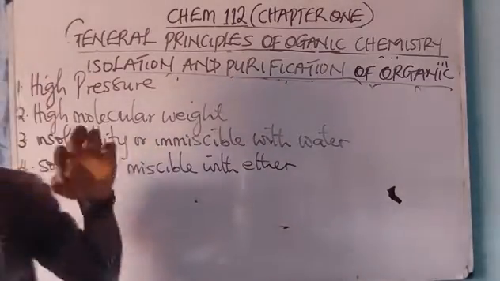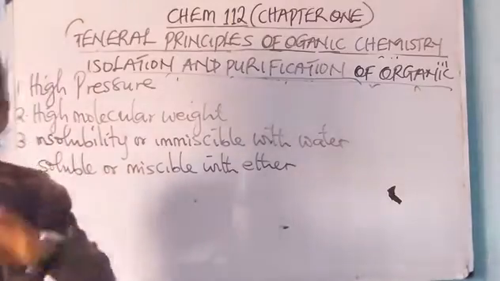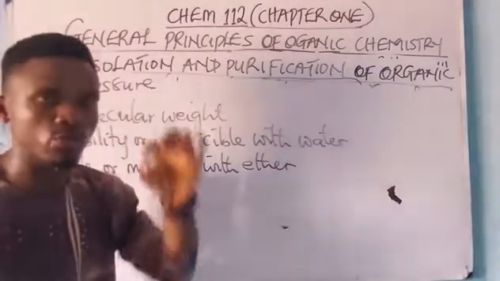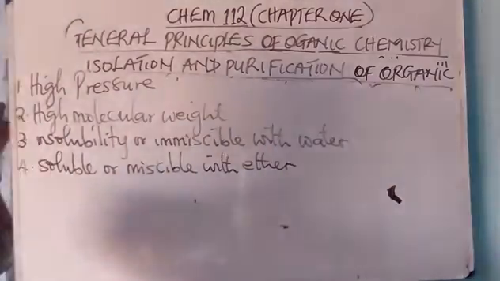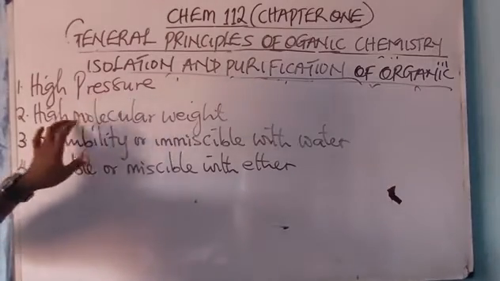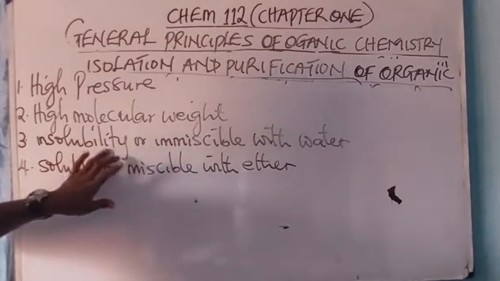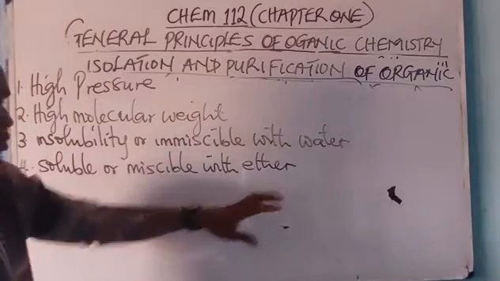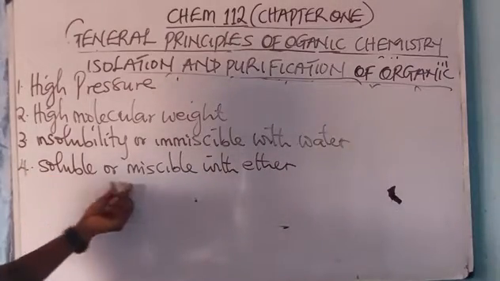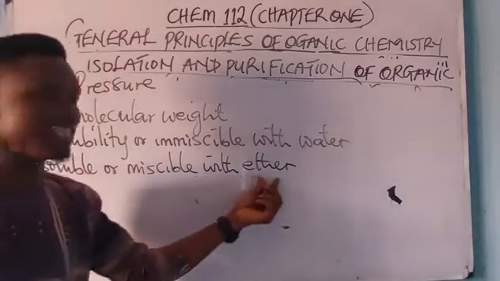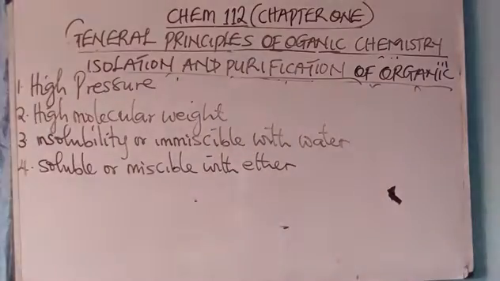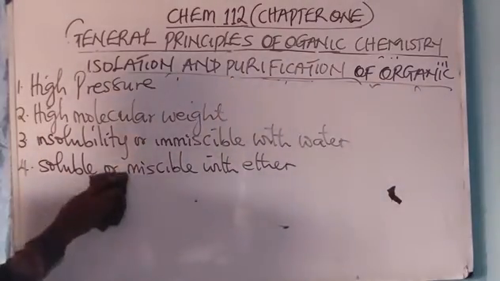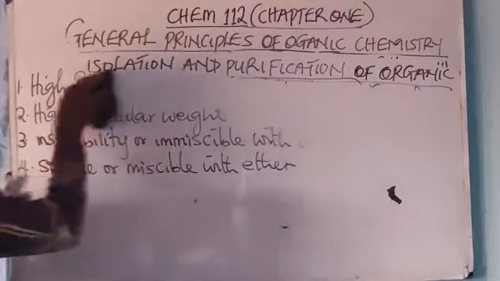So for steam distillation to be used to separate a given compound, such compound must have the following features: high pressure, low molecular weight, insolubility or immiscibility with water, soluble or miscible with ether. Take note of that.